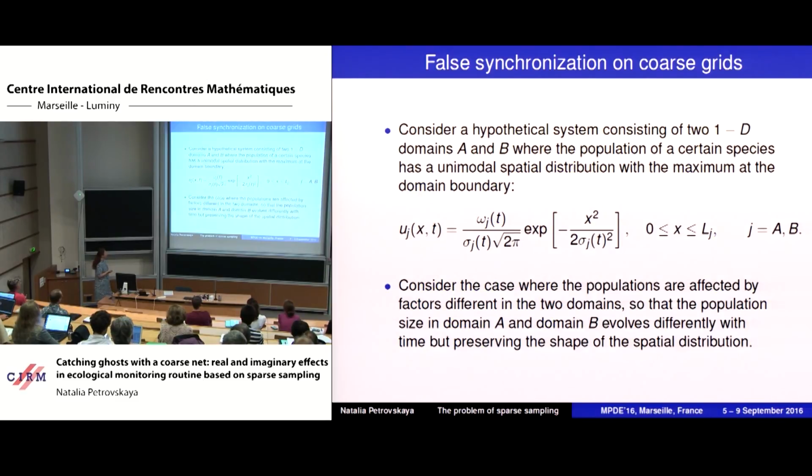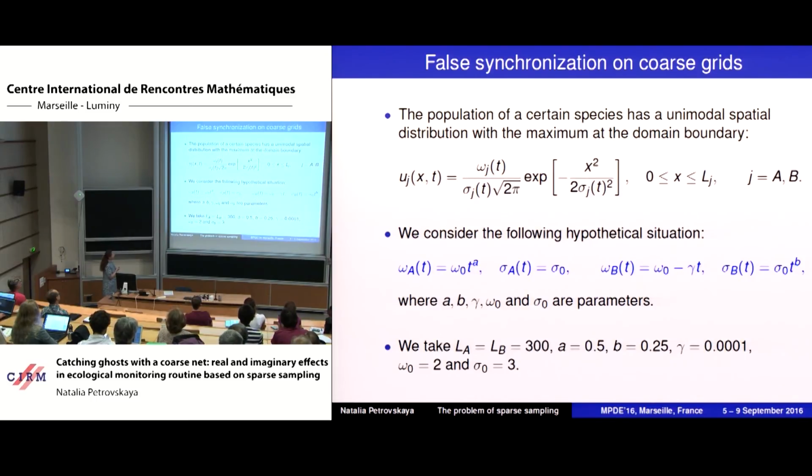So what we did here, again, we considered 2 spatial temporal distributions in field A and field B. And now we select these functions, omega and sigma, in a way that our density distributions are not correlated.